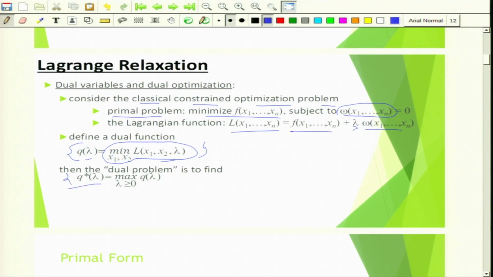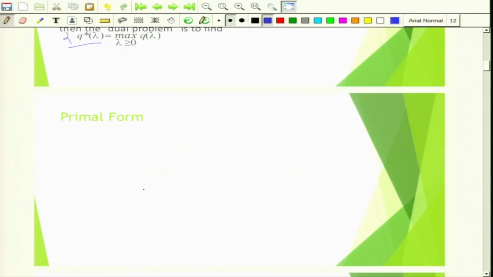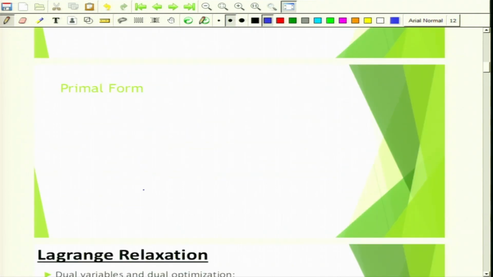Then I will discuss in more detail what the primal form and the dual form are. Now let us say P star, or J star, you can take any notation, is equal to the primal form, which is the minimum over x of the maximum over lambda greater than or equal to 0.